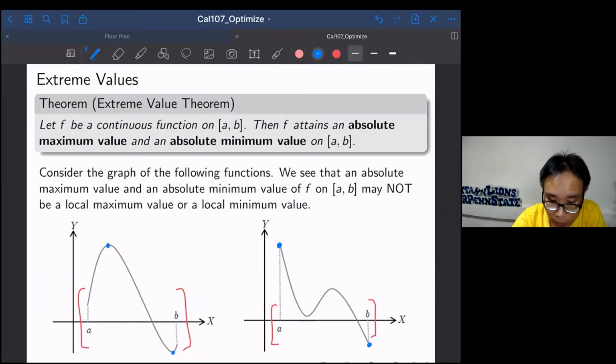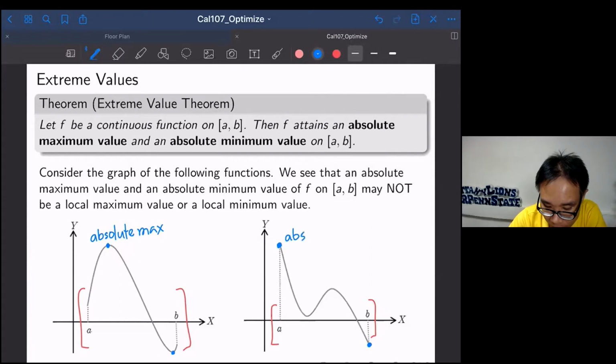We're gonna have a name for them. For the highest one, we're gonna call this absolute maximum. So we have absolute maximum happening at this point. For the second one, you have absolute maximum happening at the left end.